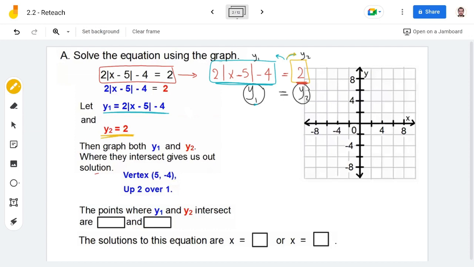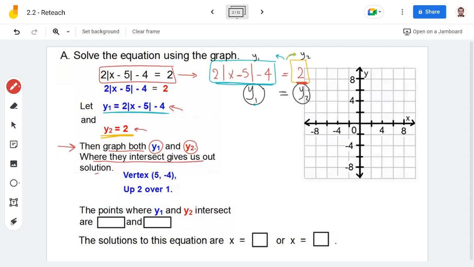So now we have y1 equal to the equation, y2 equal to the number 2. To find the solution, we need to graph both y1, which is this one here, and y2, which is this one here. We need to graph both of them, and where they intersect gives us the solution.